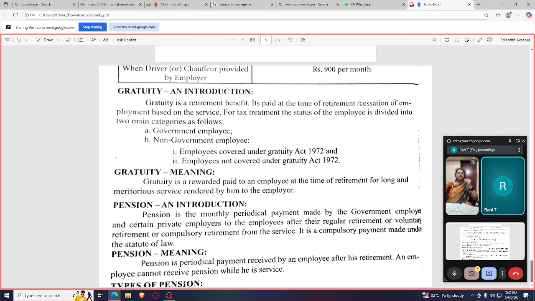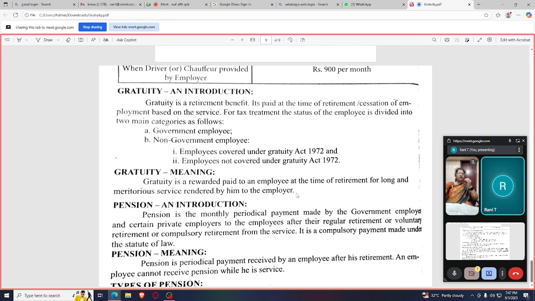Gratuity is a reward paid to an employee at the time of retirement for long and meritorious service rendered by him to the employer. In the same way, pension is also given credit only after retirement.